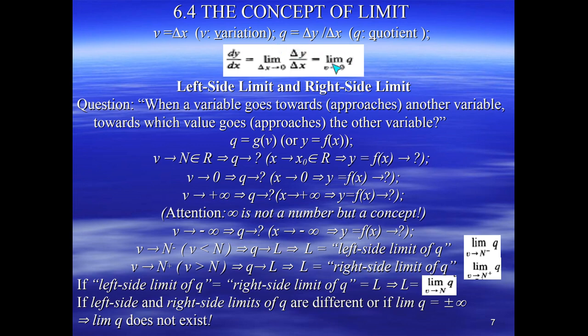You see? We can also replace these variables by equivalent symbols. But what is the limit of q when v goes to 0? One important remark I should make is that if a variable goes to somewhere, it doesn't mean it is equal to that.